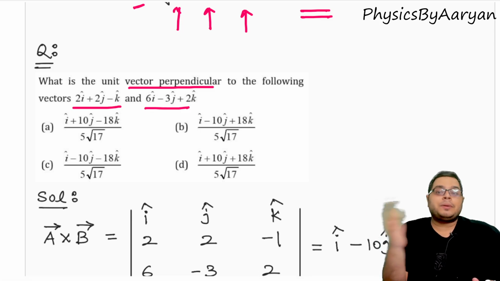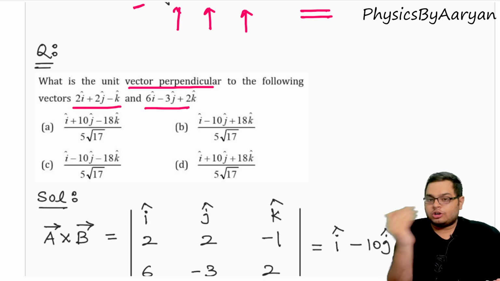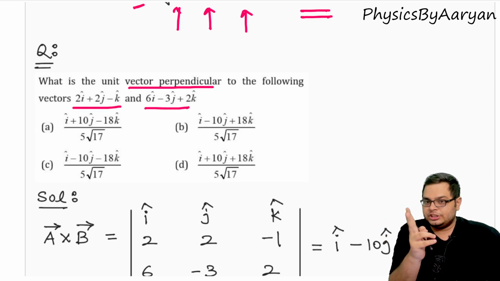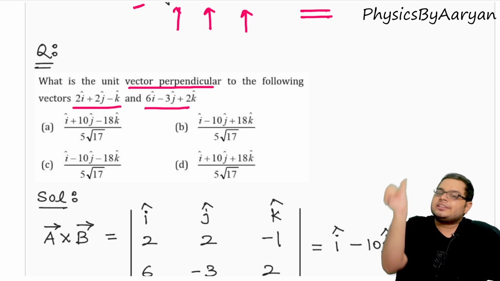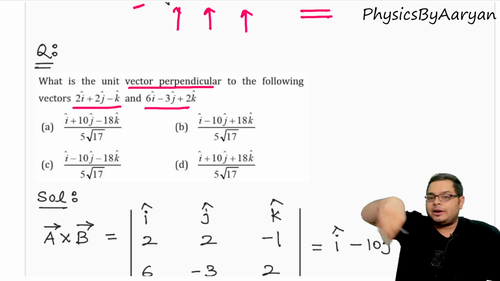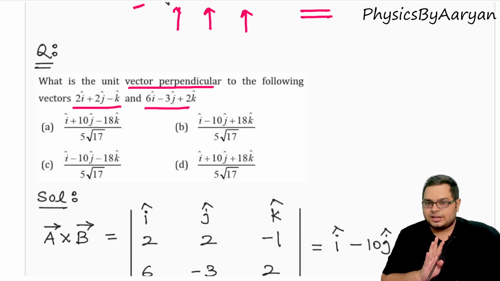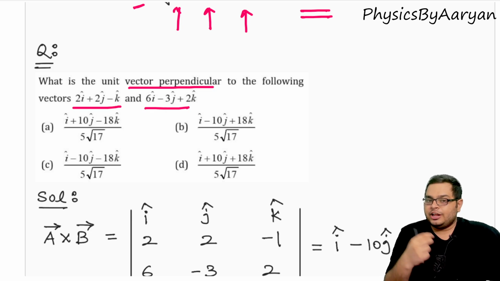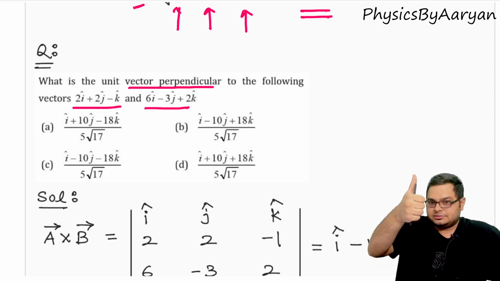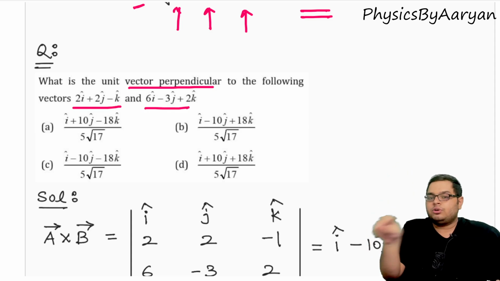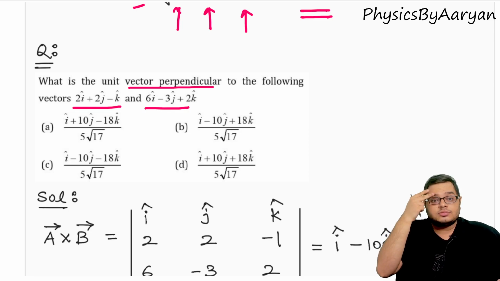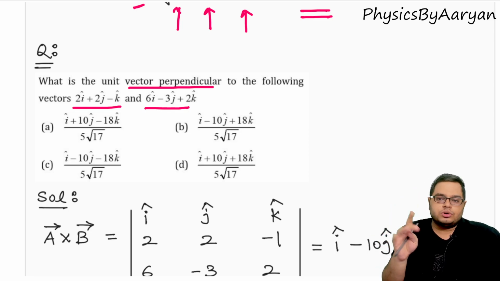Which vector will be perpendicular to both of these? If I do the cross product of these two vectors, then I will get another vector, and that vector will be perpendicular to both of them. I will repeat this: they told me to find a unit vector which is perpendicular to both vectors. So if I do the cross product, I will get another vector, and that vector will be perpendicular to these two vectors. So all I have to do is the cross product.